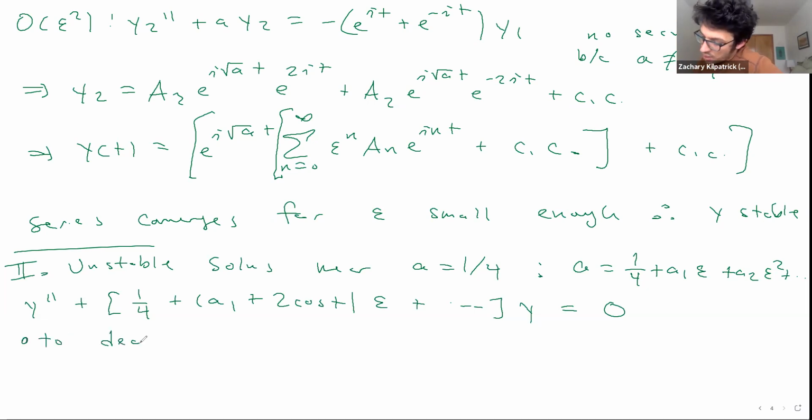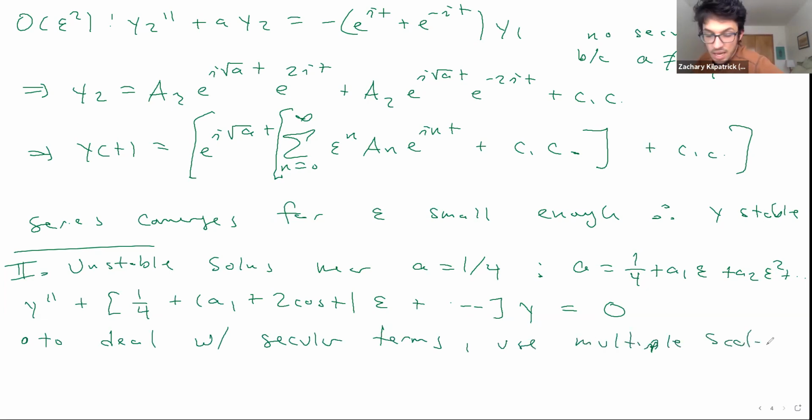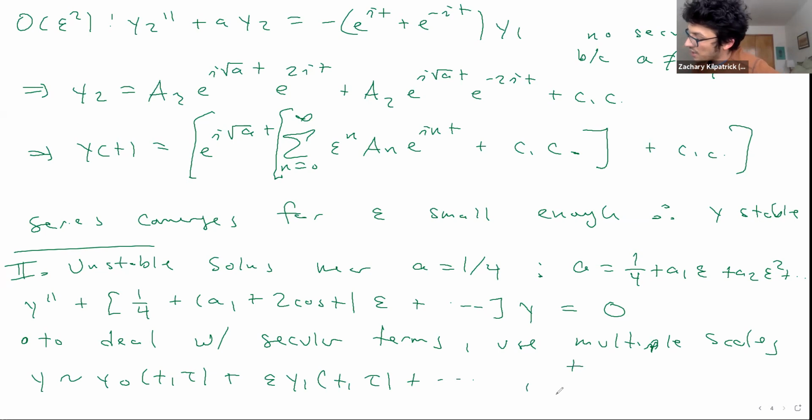So to properly deal with our secular terms, we need to use multiple scales. In particular, y is now going to be expanded according to this regular perturbation expansion, but each function is going to have two time scales, t and tau, which is epsilon t.